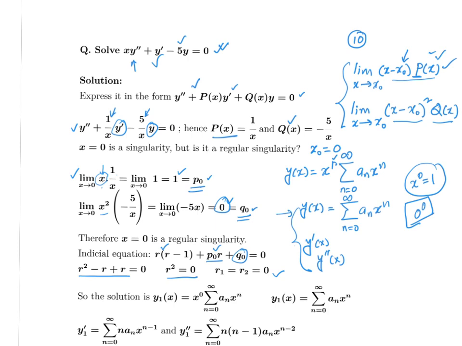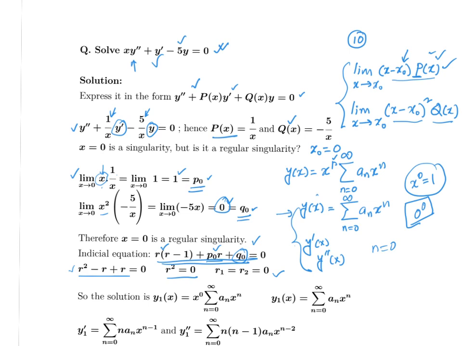And then I set n equal to 0, and that gave me the indicial equation. But here I'm doing it slightly differently. Anyway, it's your preference. You could just take this formula and plug in these values, and you'll get the indicial equation.